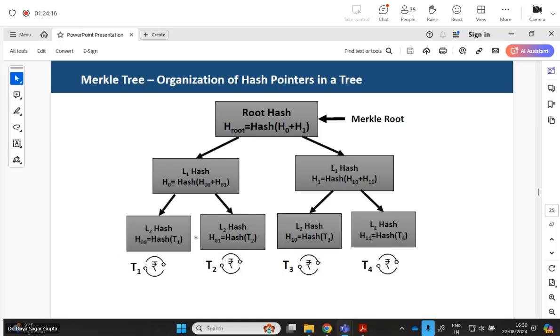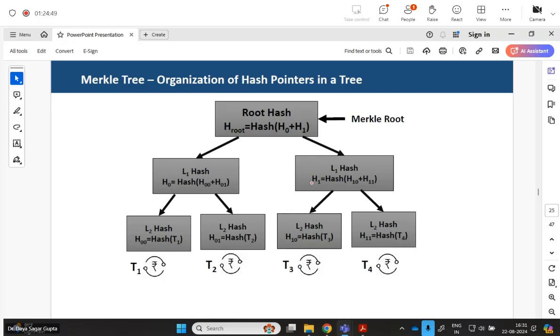Take this data, find its hash. Now you combine these 2 hashes and find the hash, and you get H0. Similarly, on this side, find the hash of this data and this data, combine them, and we get H1. From these 4, we reach 2, that's why we have H0 and H1.